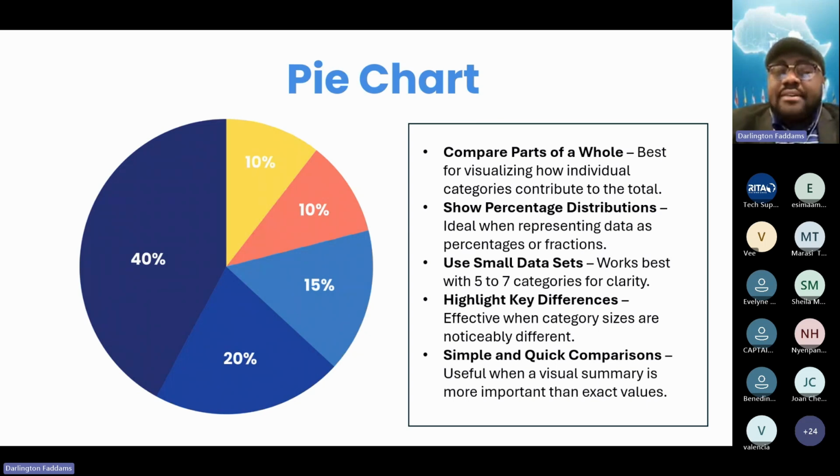Simple and quick comparison, useful when visual summary is more important than exact values. Yeah, so with this particular chart, by just looking at the visuals or even the colors, you get an idea of the data. This simple chart can come from hundreds of thousands of rows of data, but then you can just see it in a second and understand what is happening in the market. All right.